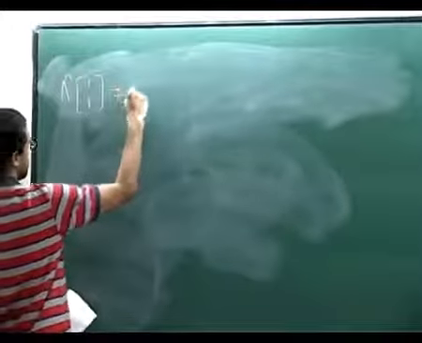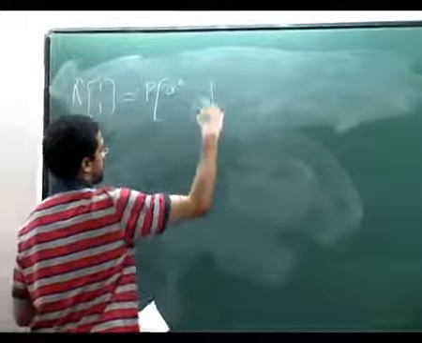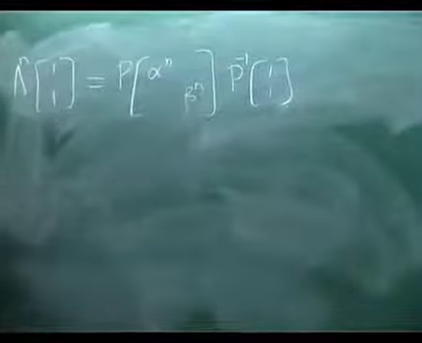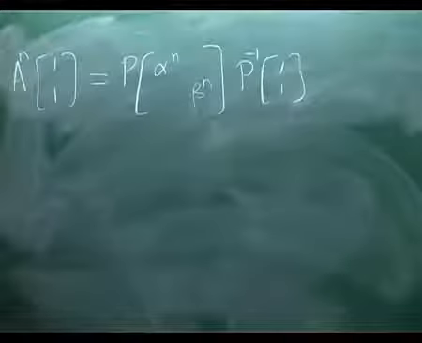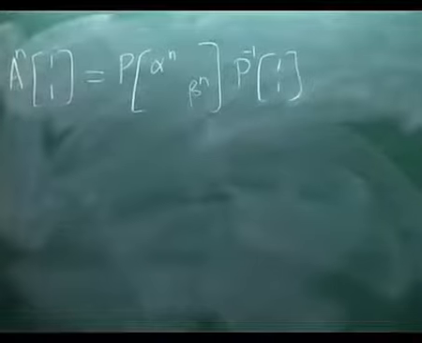So let's use this to calculate A to the power n times (1, 1). This is P times alpha to the n, beta to the n, times P inverse times (1, 1). P inverse, if you want you can write it out explicitly, but it is some matrix with 4 numbers in it.